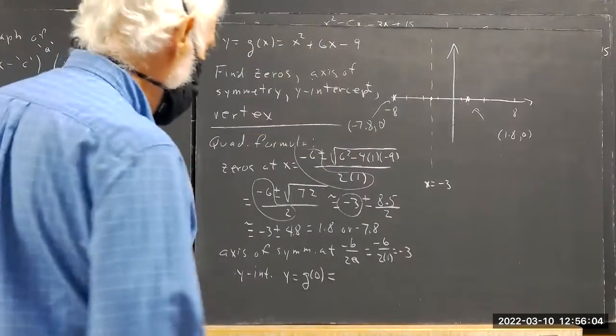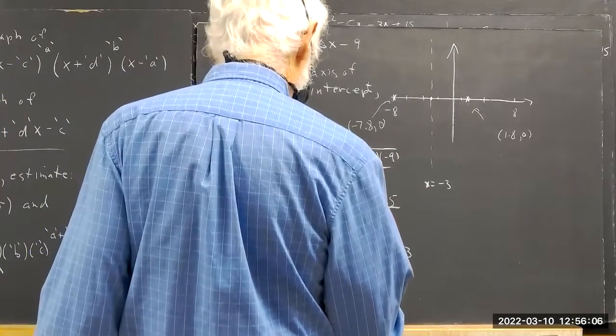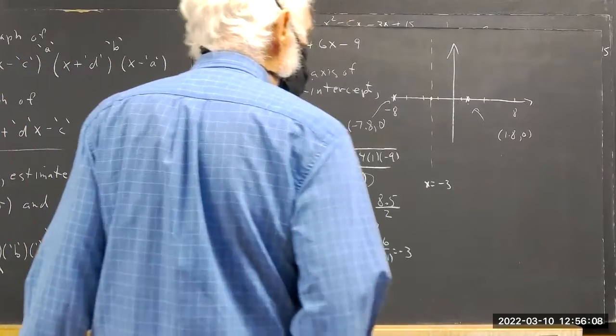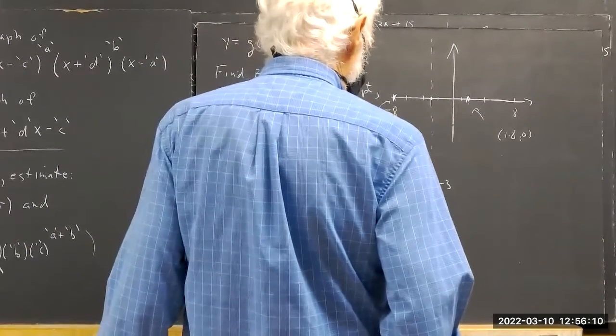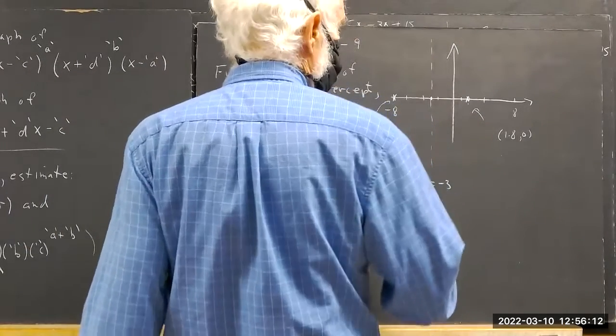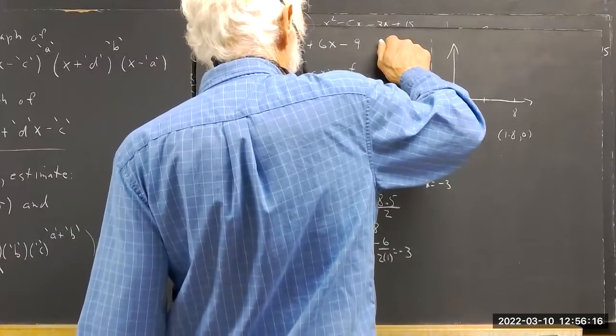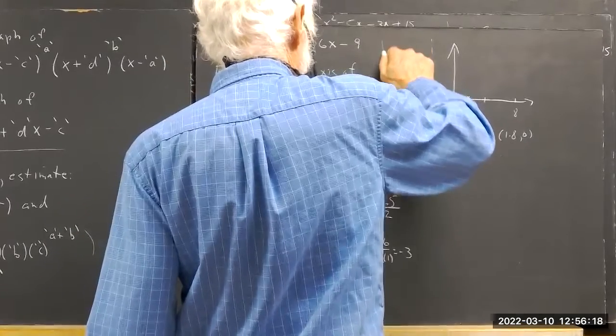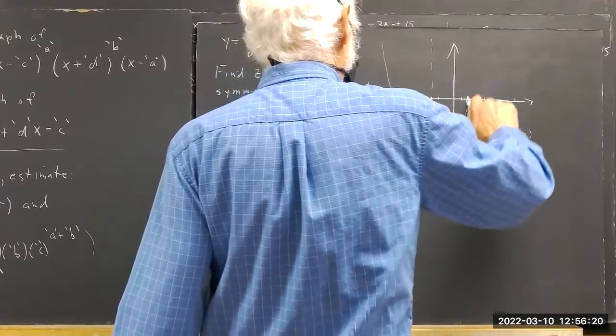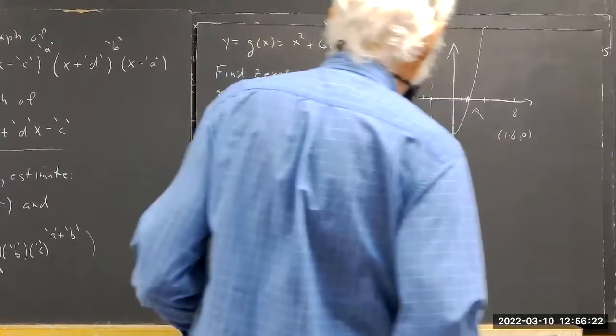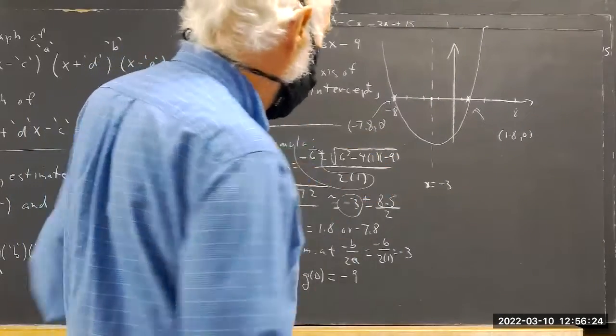If x equals 0, we get g of 0 equals negative 9. So at this point, actually, before we calculate the vertex, we can sketch a parabola that satisfies the conditions we have so far.